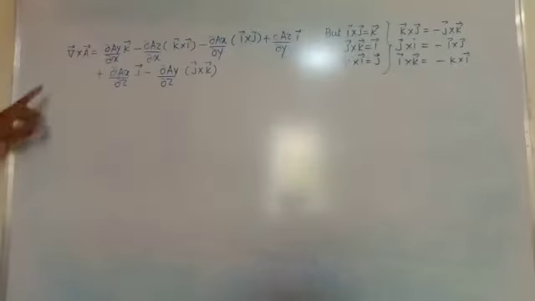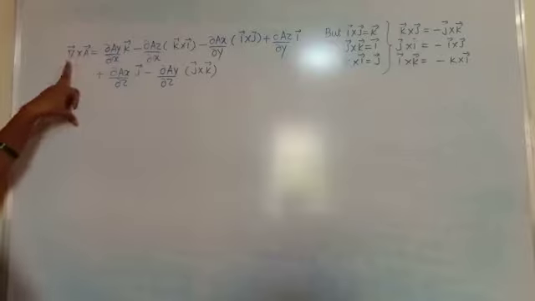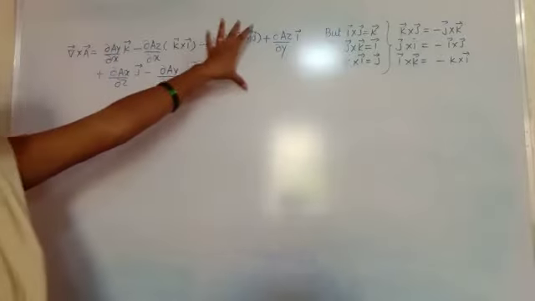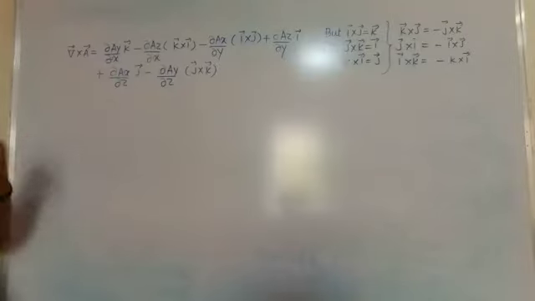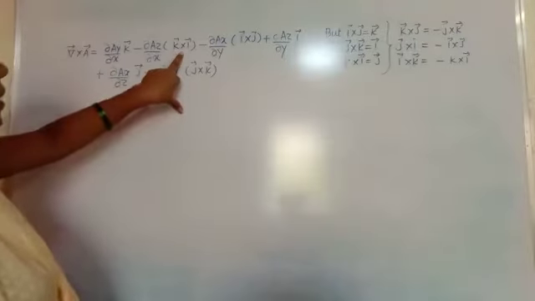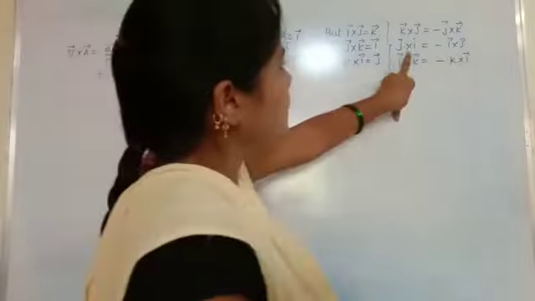In the last lecture we completed this topic, that is operator cross A, by solving this total term. So we get this term, but this is not the final term. Here we have the representation of the minus signs.